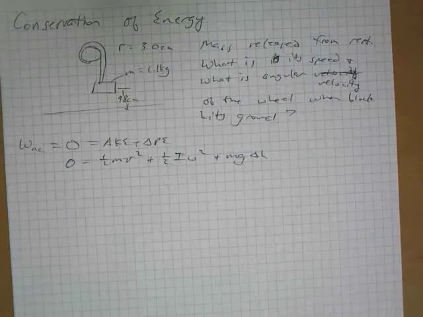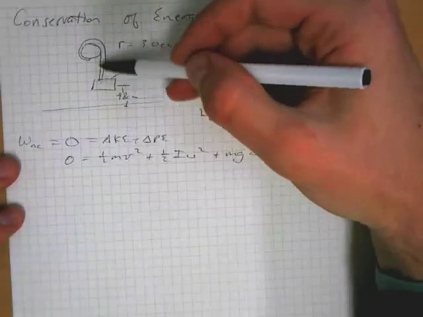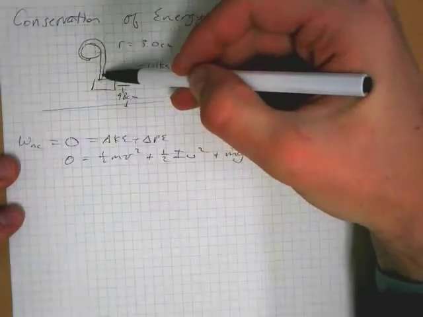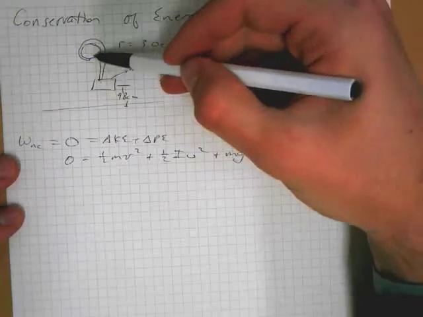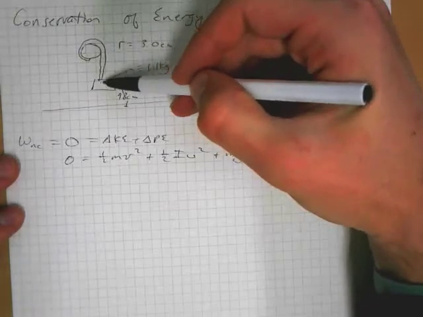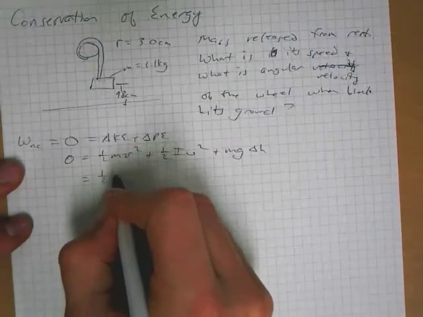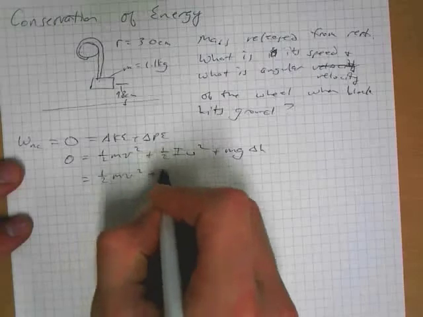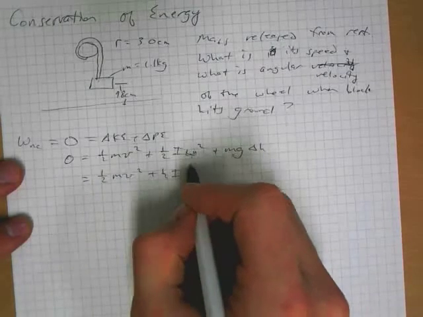Now, in this scenario, this block is moving at the same rate that the rope is uncoiling, which means that the angular velocity of the pulley is directly related to the linear velocity of the rope and therefore of the block. So we can rewrite this, and omega is v over r.